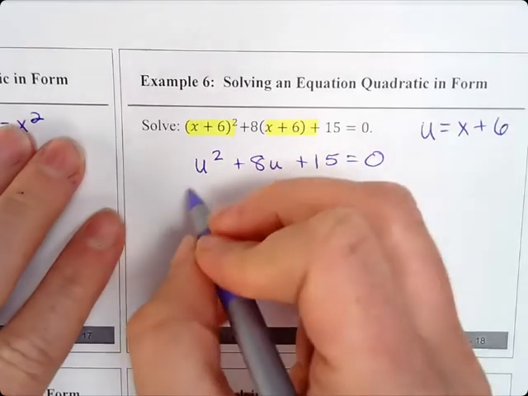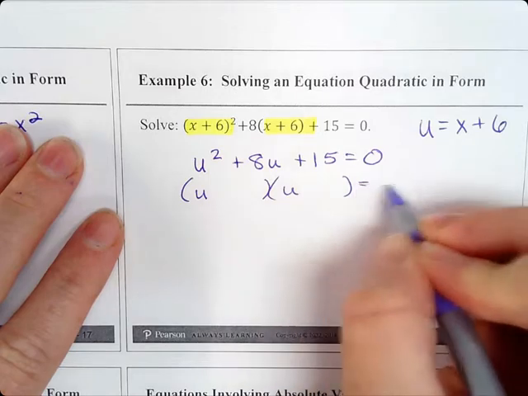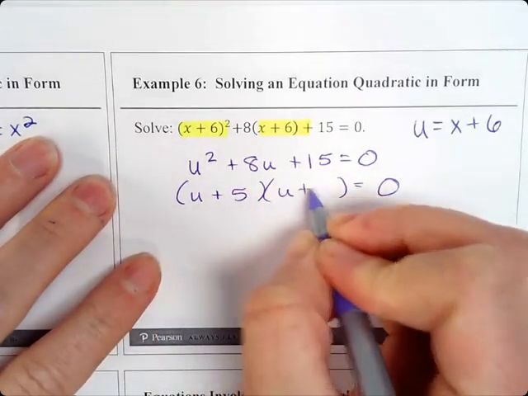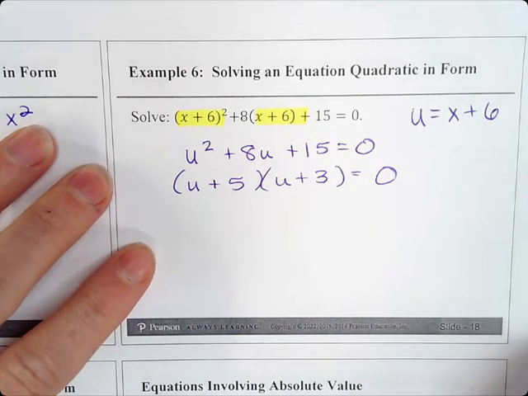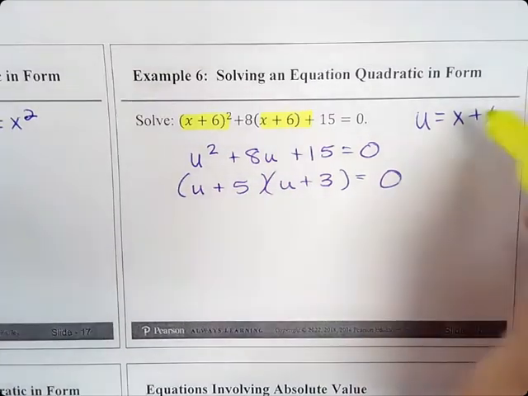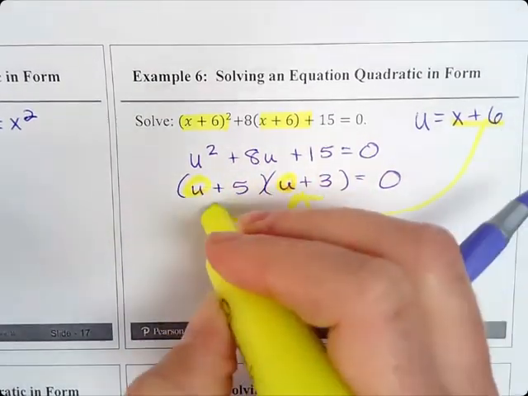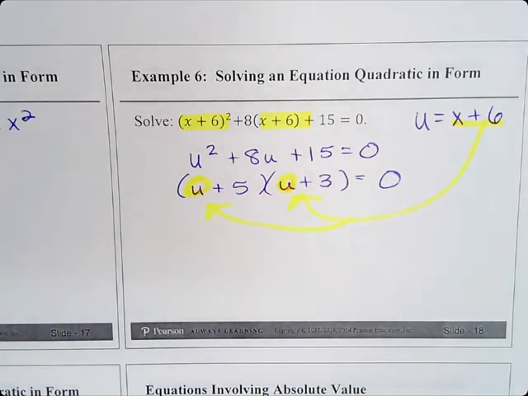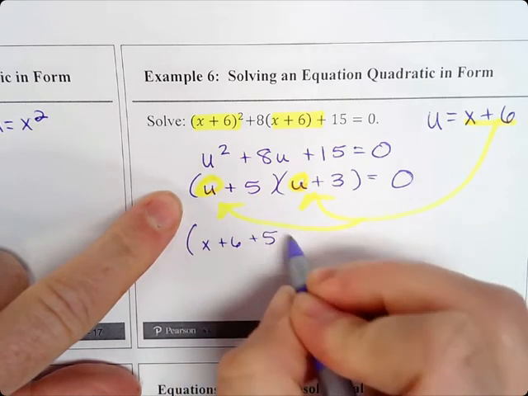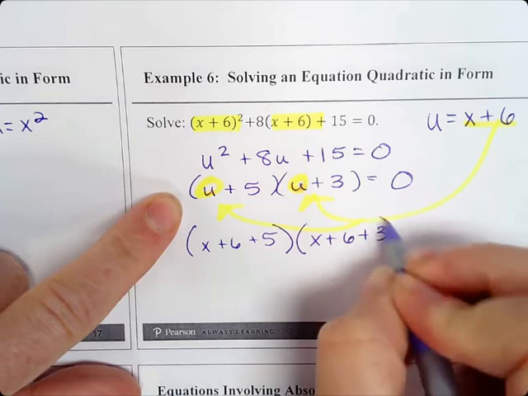So what would our factors be? 5 and 3. So plus 5, plus 3. Okay, before we solve, though, we've got to substitute this back in. So then we would have x plus 6 plus 5, and then x plus 6 plus 3.